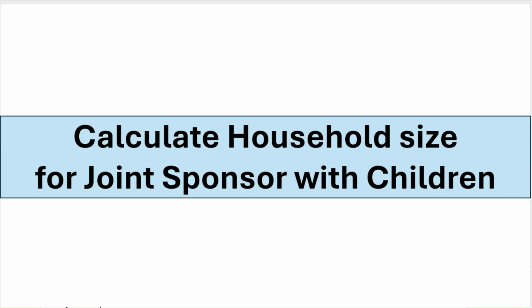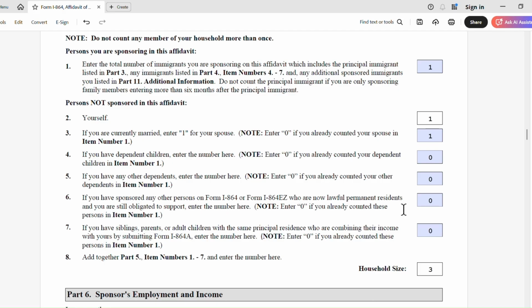Now let's talk about how to calculate the household size for a joint sponsor with children. Here, 1 in item number 1 stays 1 because it's the principal applicant. Number 2 stays 1, yourself. Number 3, you are married.